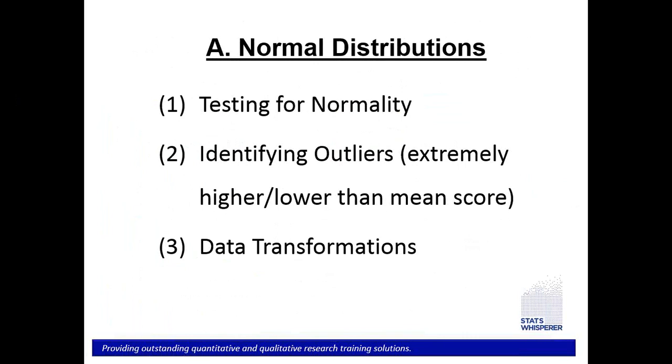And it's assumed that they're normal, that they make that bell shape. We're going to go into that in a moment. 2, identifying outliers, which are extremely high or low scores relative to the mean score. And 3, we're even going to talk about data transformations.